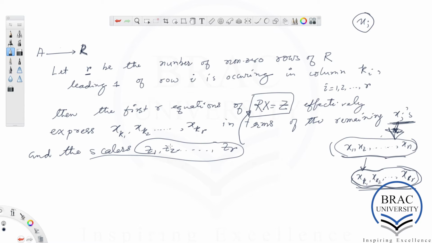So this is the story of the first r non-zero rows.